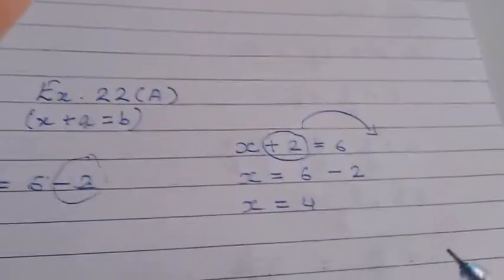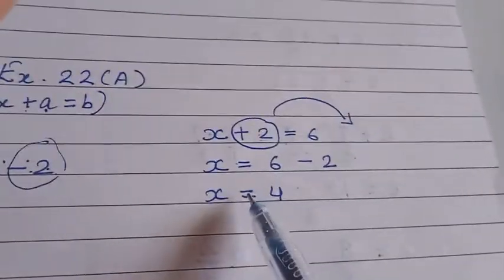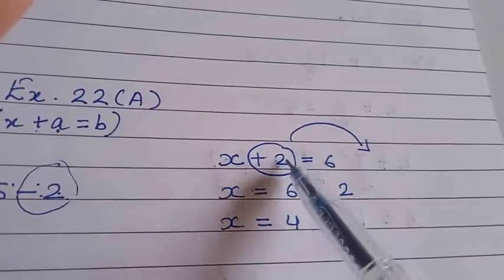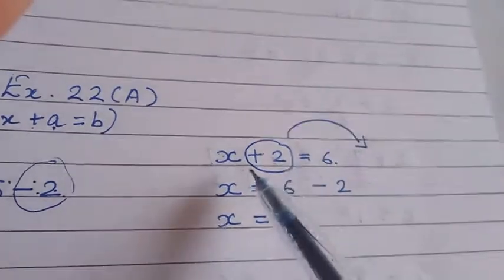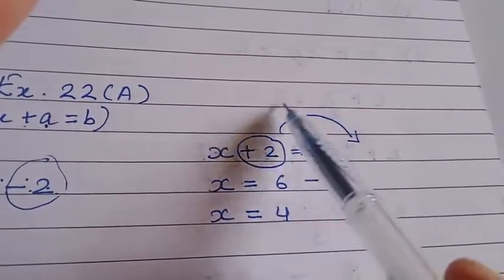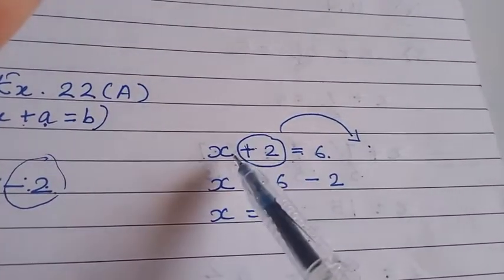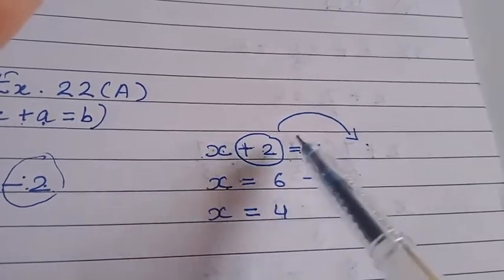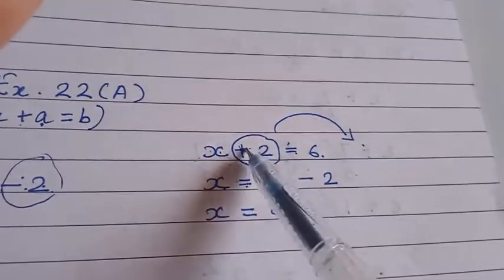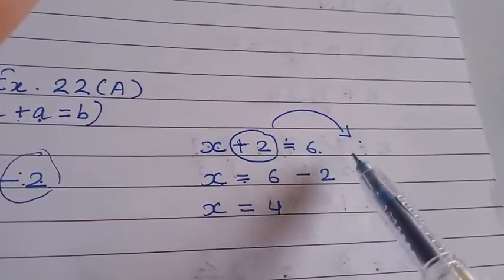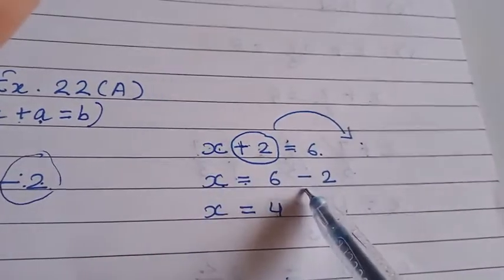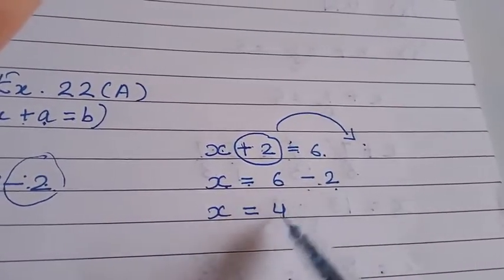Alright, now let us see the same example with the transpose method. x plus 2 is equal to 6. So I have transposed plus 2 to RHS. So x remains as it is, only plus 2 has changed its side. Plus 2 becomes minus 2. So 6 minus 2, 4.